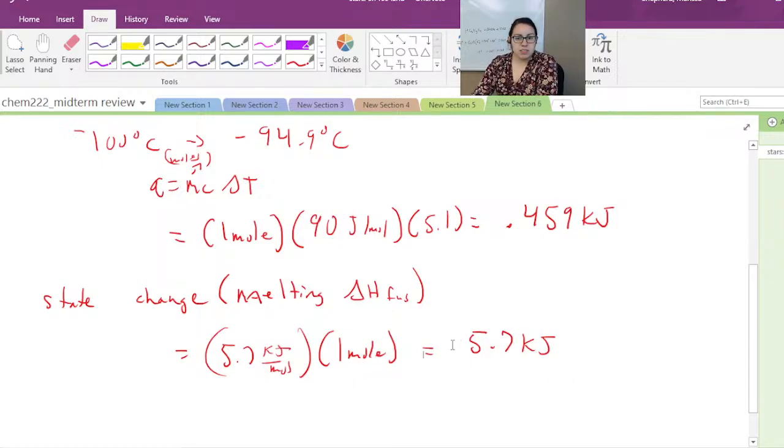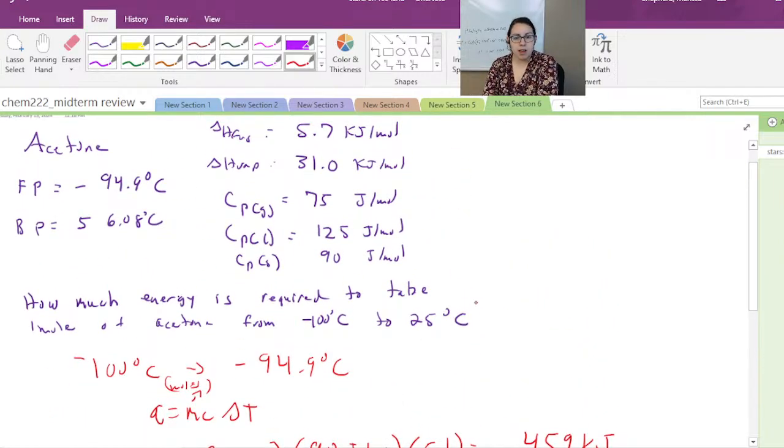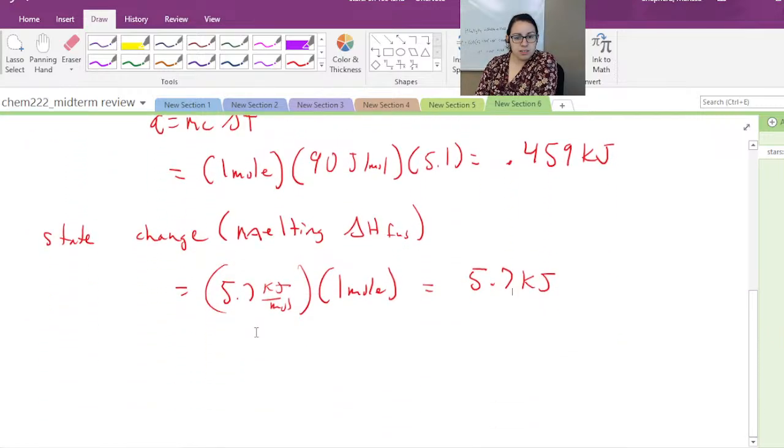All right, so now we did our state change. We're still at negative 94.9. So now what do we do? So take it up to 25, and that's under our boiling point, so we don't have to worry about any other state changes. So let's just do that.